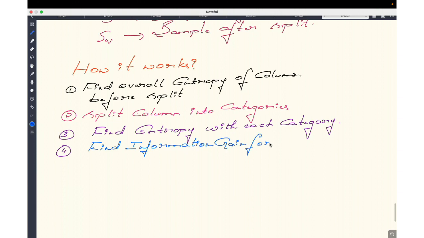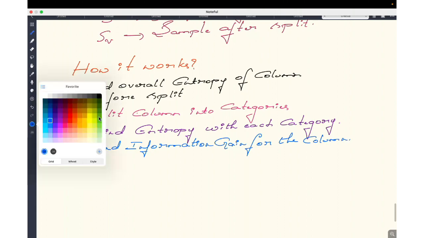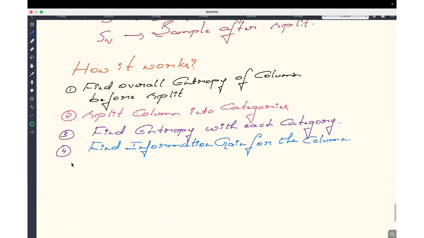I'm giving steps for a single column, okay? The same thing has to be repeated for all the columns. Done? Next, final: you have to repeat two, three, four steps for all columns.